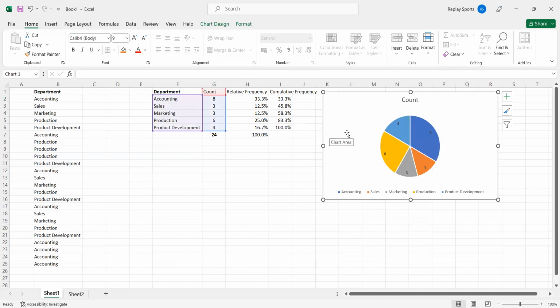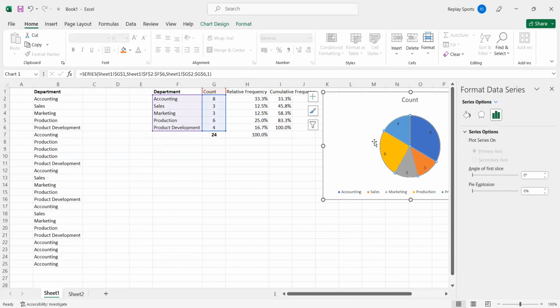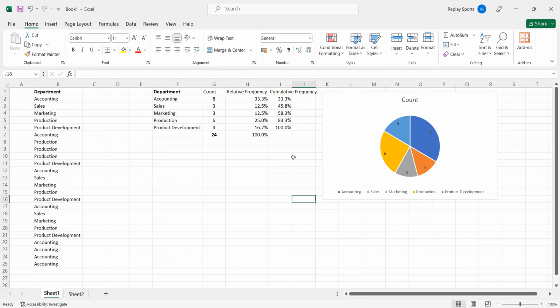Format data series, formatting we will not do. This is what you need to know. So when you have a bunch of categorical data, you create a frequency distribution table and you draw a pie chart. The pie chart will give you some insights into the data that you have. This is what we call relative frequency.